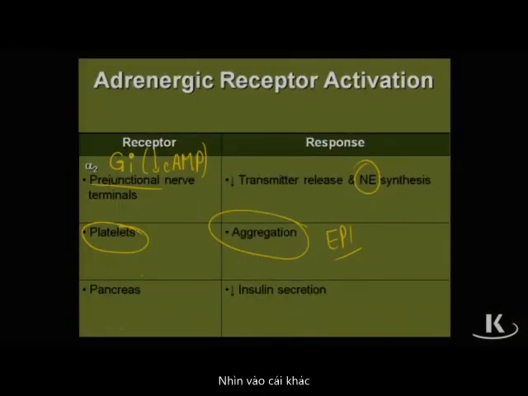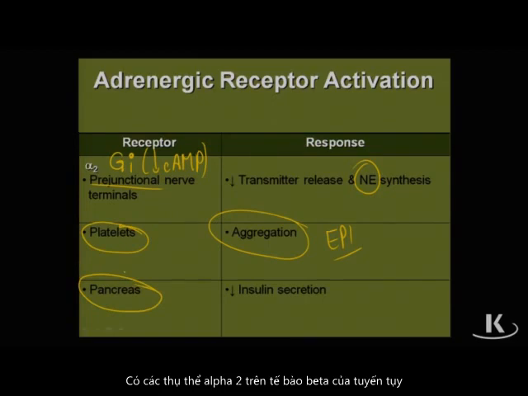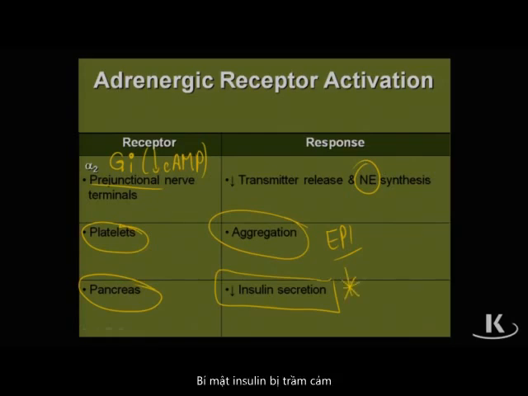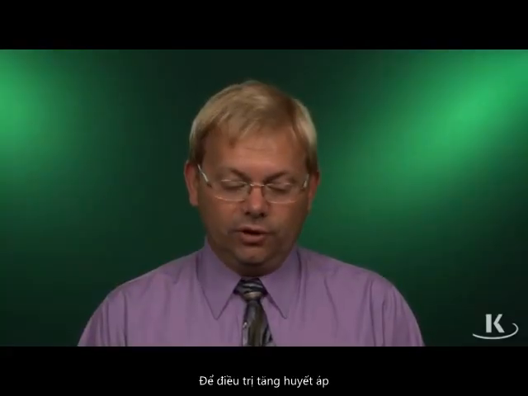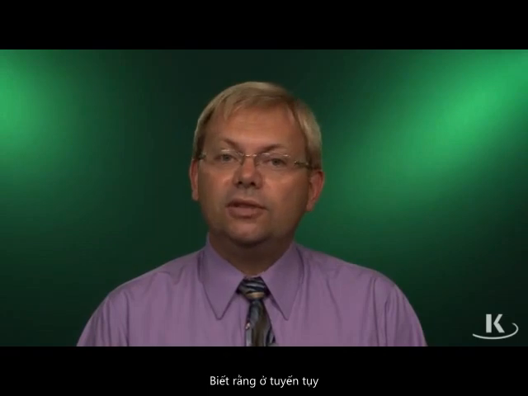Look at another one. There are alpha-2 receptors on the beta cells of a pancreas, and through the Gi coupling, there will be a depressed insulin secretion. Now, this is another story I will worry about. If I was worried about atherosclerosis and what aggregation would mean, what do you think is the disease I'm going to worry about if I was using an alpha-2 agonist to treat hypertension, knowing that in the pancreas there's a decreased insulin secretion?